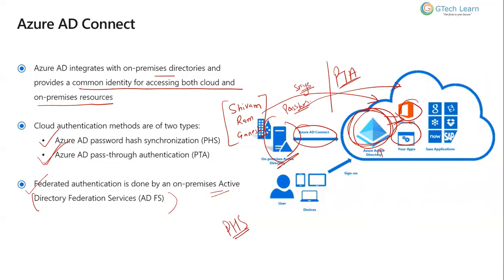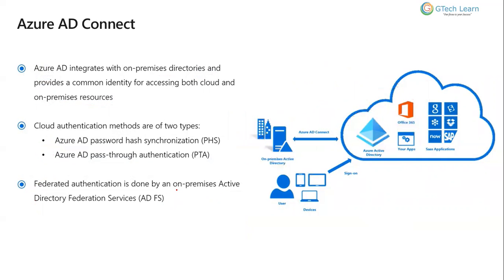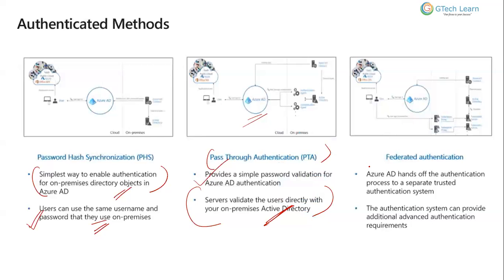So that is the federation thing we have to discuss, and with federation, Azure hands off the authentication process to a separate trusted authentication system, that is our federation server, and that authentication system can provide additional advanced authentication requirements for the same.